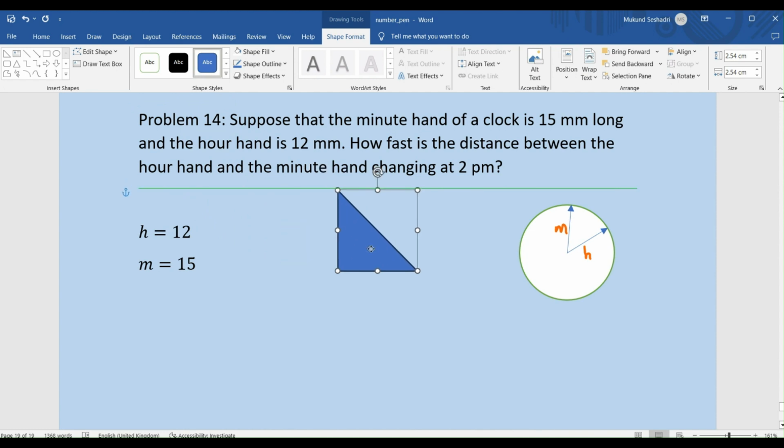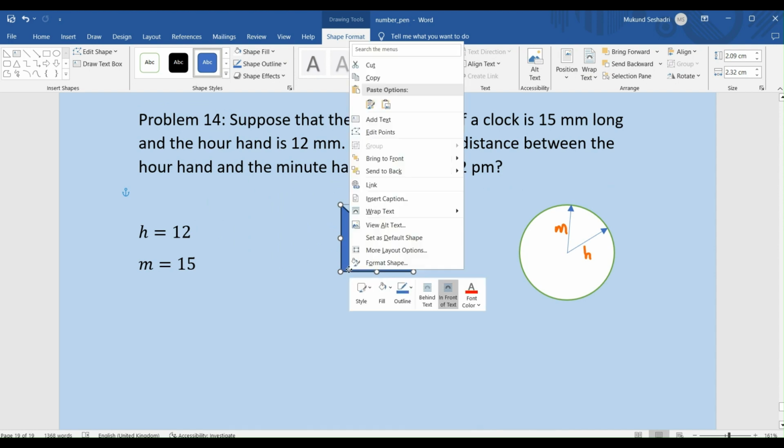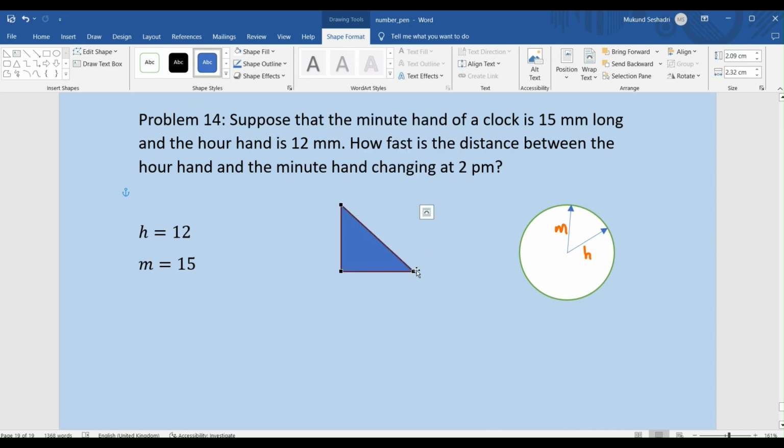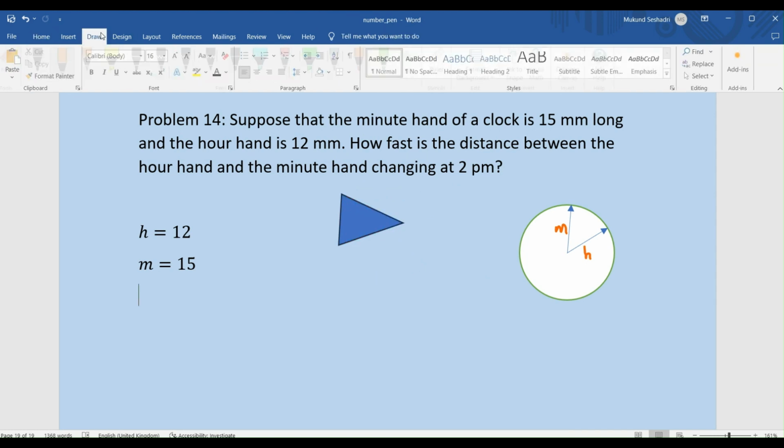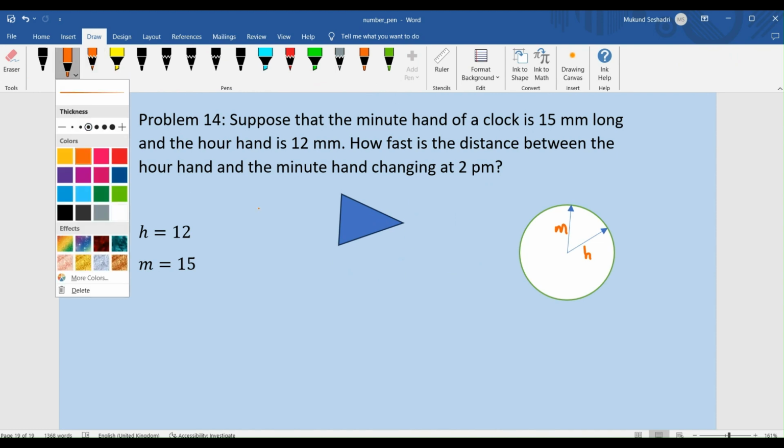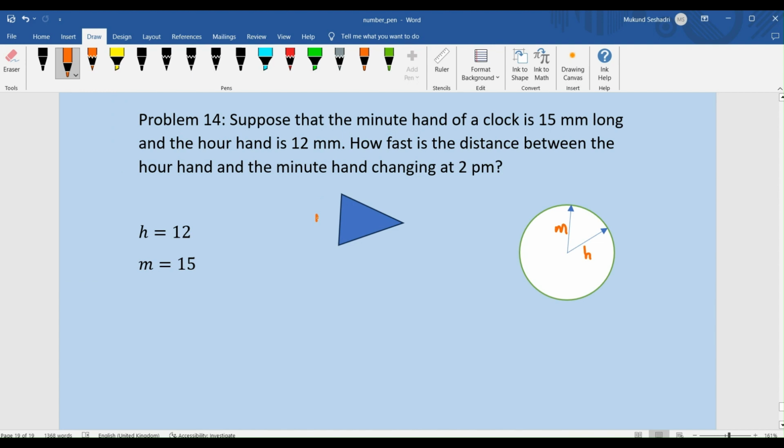So here we have, this is your M and this is your H. And we have this distance which keeps changing.